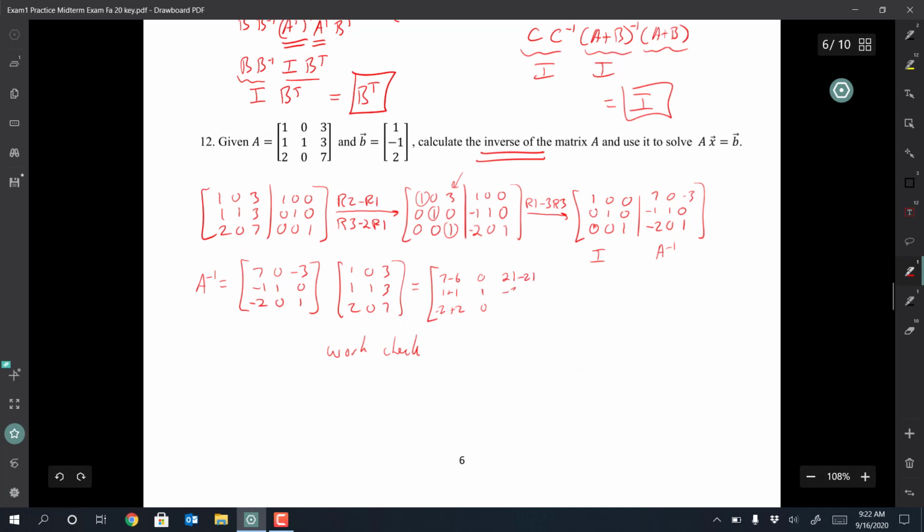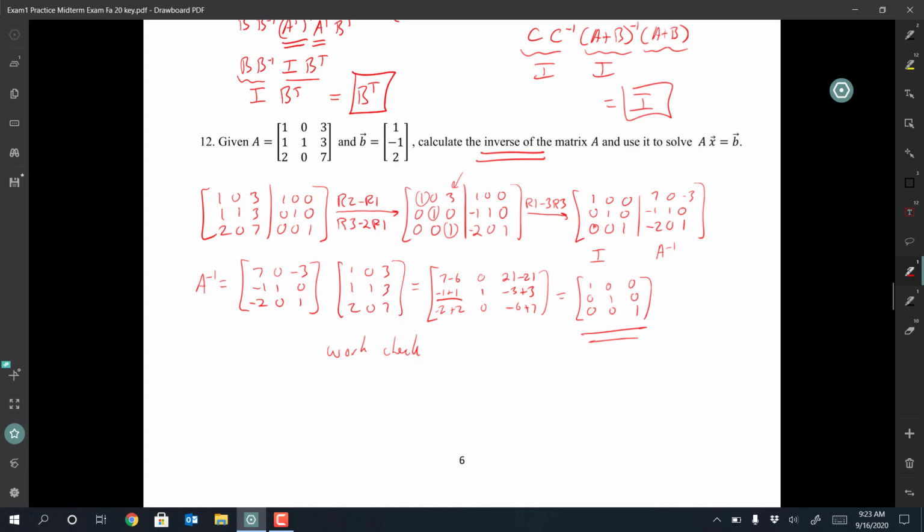It's going to be negative 3 plus 3. And it's going to be negative 6 plus 7. And when I simplify that, I'm going to get 1, 0, 0. What's this one right here? That should be negative 1 times 1. So that is 0. Good. Then 0, 1, 0. 0, 0, 1. So I do get the identity.